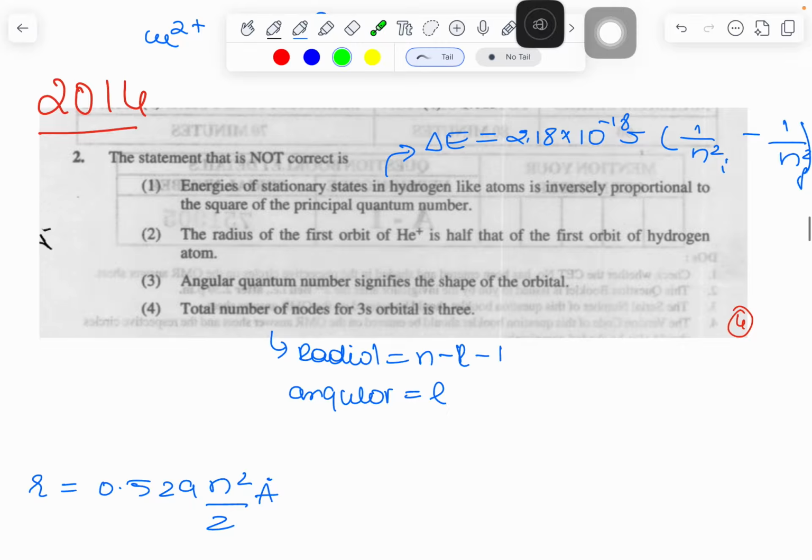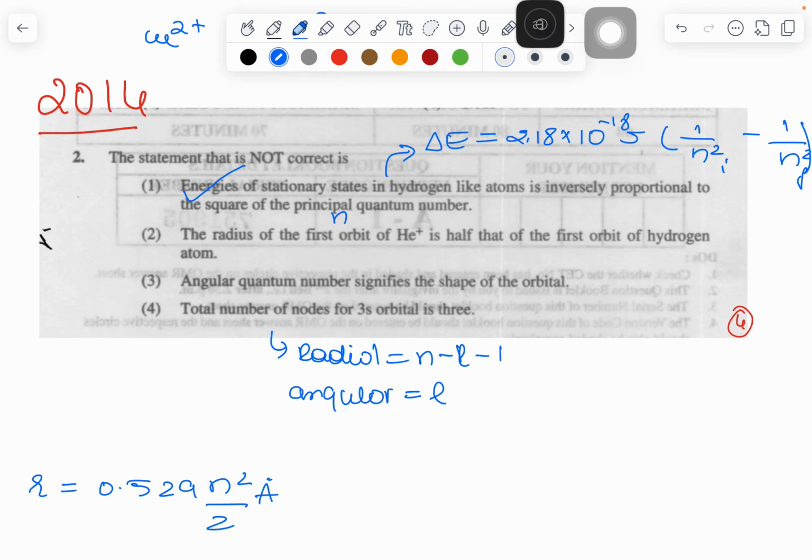Yeah, that is right, because there is a formula to find the energy of a stationary state in hydrogen: ΔE is equal to 2.18 × 10^-18 joule times (1/n initial squared minus 1/n final squared). If you see, energy is inversely proportional to the square of n. The first option is right; there is no problem in it.